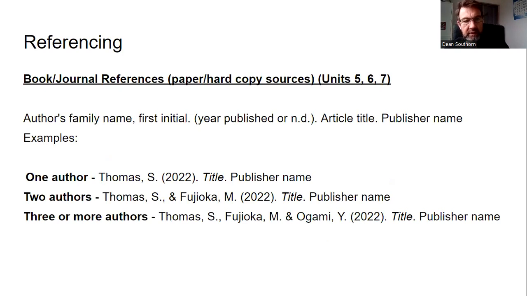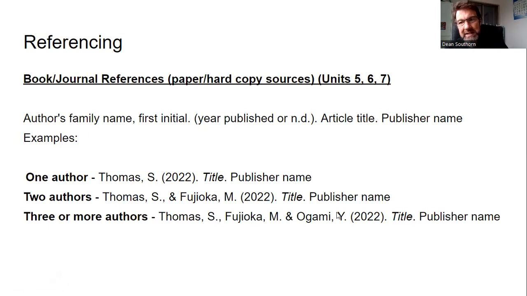Okay, so again, if we look at it broken down, author's family name, comma, first initial, full stop, year, date published, or remember, no date, which happens sometimes, n.d. And here we have some examples. One author, two authors, three or more authors.